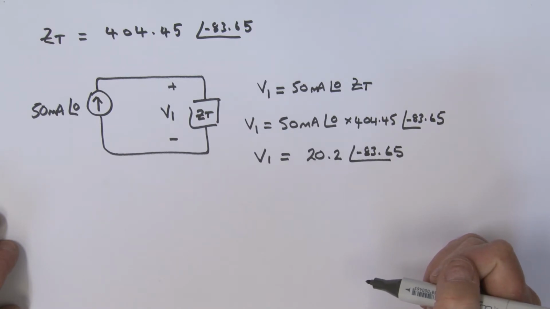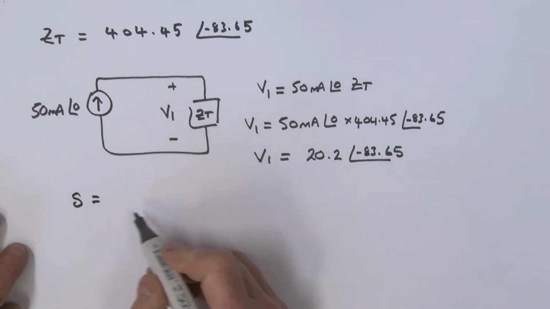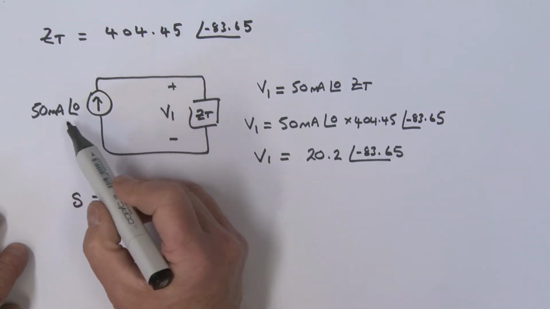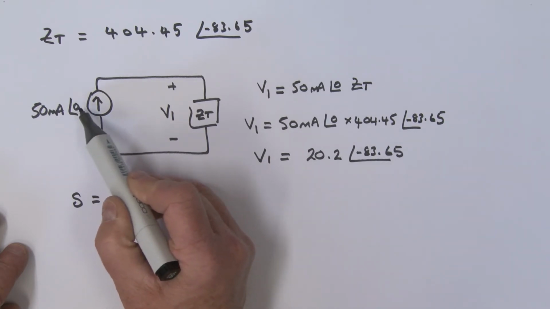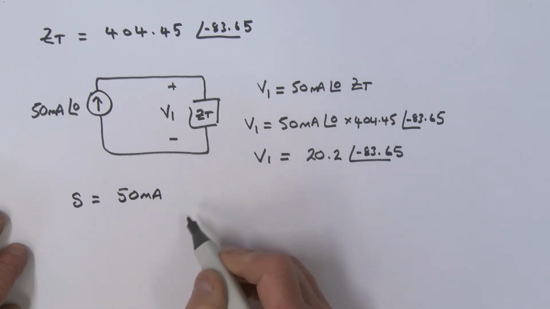I'm in a position really to work out now what the apparent power is. So we can say S is equal to, what is it? It's going to be the complex conjugate of this current. Well, the angle 0 in this case. So really it's just the same, isn't it? It's just going to be this 50 milliamps.